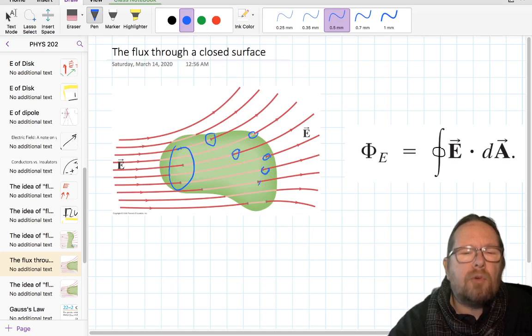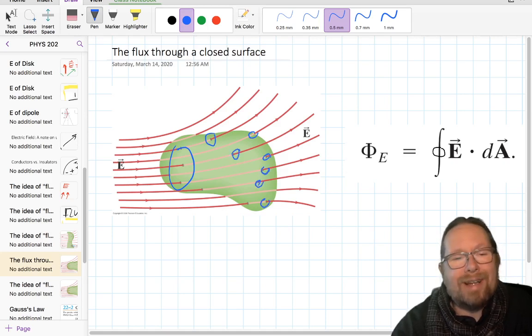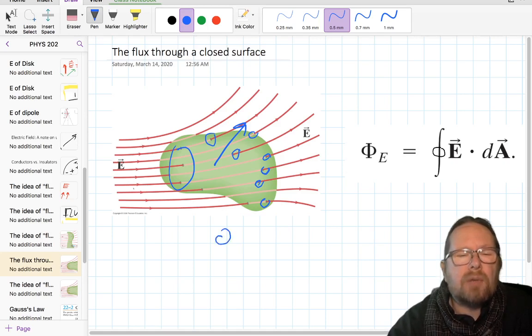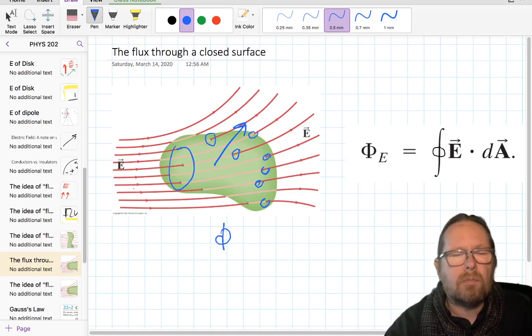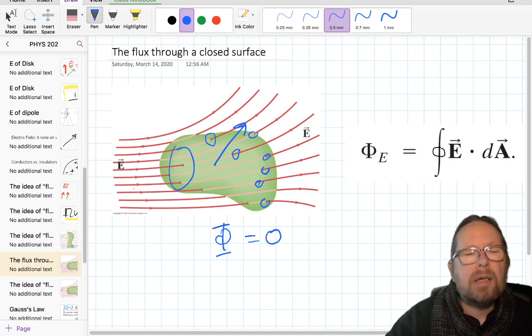And we can prove mathematically, although we will not do that in this class, that if there are no electric field lines that start on the inside, if all the electric field lines pass through starting from the outside, that the flux through this surface, as we have it drawn here, the electrical flux through that surface is equal to 0.